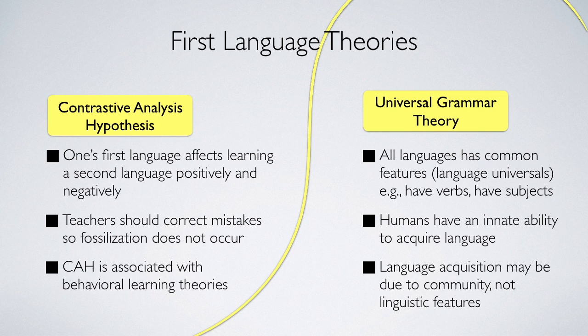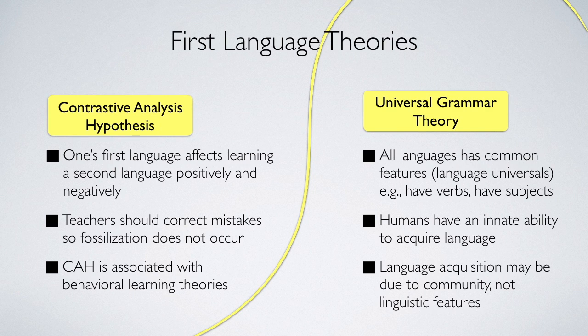Another idea related to first language theories is universal grammar, or UG. Again, there are some concepts on page 28 and 29 you need to remember. Noam Chomsky, who is a super famous linguist and expert on pretty much everything, suggested that everything related to language is not as simple as it seems.